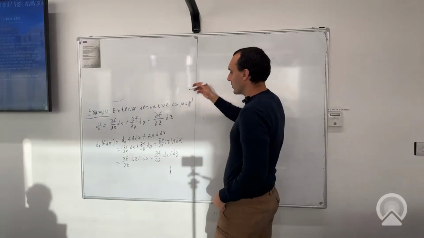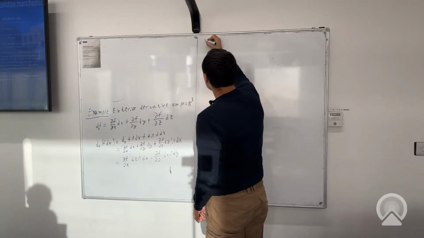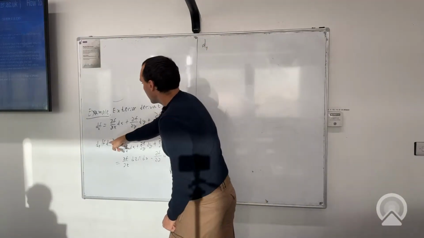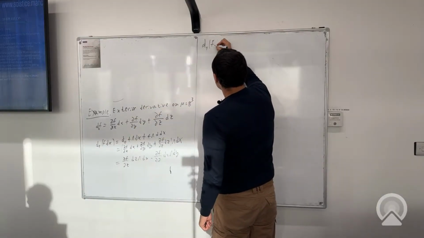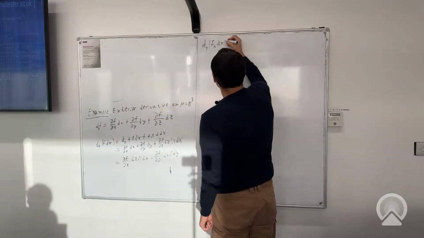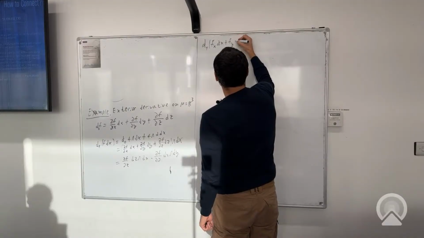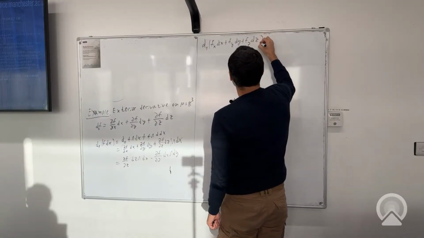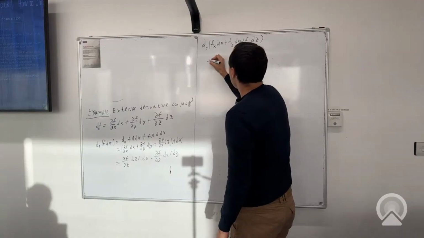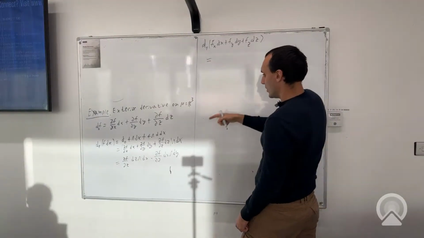So this is for a single term. Now if you do it for 3 of them, this is only if you have the dx coefficient. If you have everything, fx dx plus fy dy plus fz dz, this would be similar. So we did the first one.